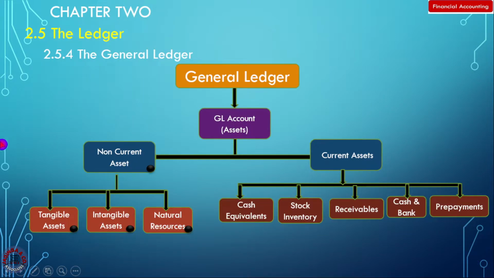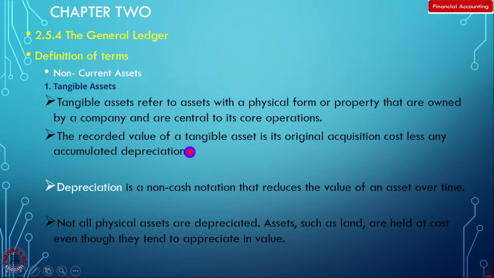So under non-current assets, we have tangible assets, intangible assets, and natural resources. So what are tangible assets? Tangible assets refer to assets with physical form or property that are owned by a company or a business and are central to its core operations.